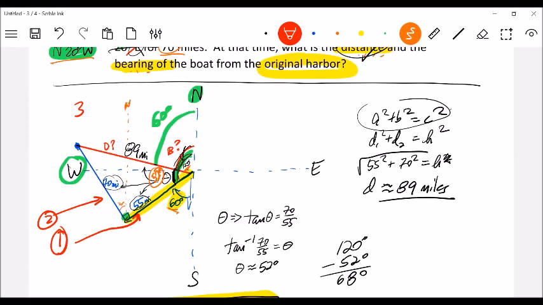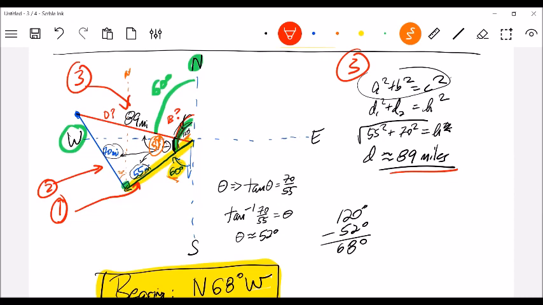The third thing was to get the distance for part 3 over here, to get to 89 miles. The fourth thing was to get 52 degrees by using tangent to the negative 1, identifying this is what I needed here. And then the fifth thing was sort of easy at that point.